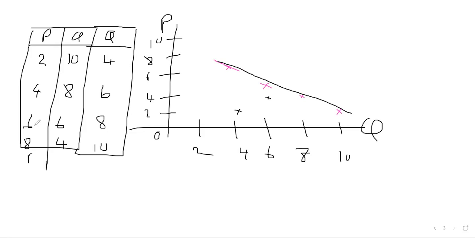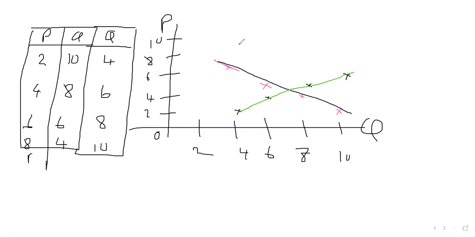Then 6 against 8, so 6 there, and 8, put it there. Then 8 against 10, so 8, then 10 there. So if we're going to meet up the lines, it'll go something like that.